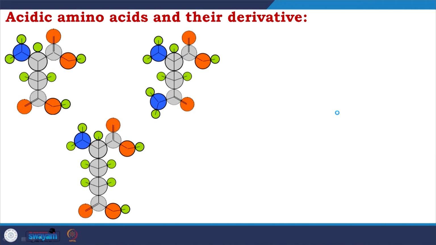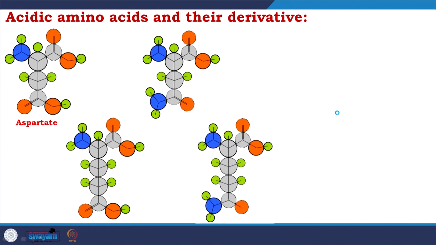Acidic amino acids, we have already talked about: aspartate and glutamate. Aspartate has its derivative asparagine, glutamate has its derivative glutamine.